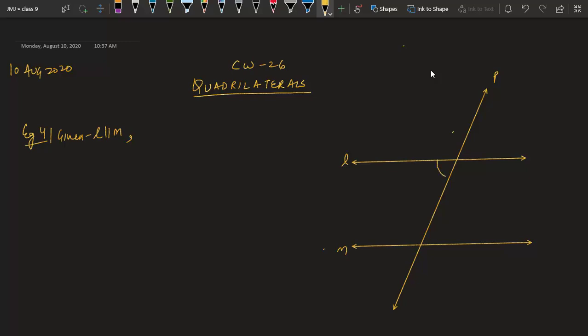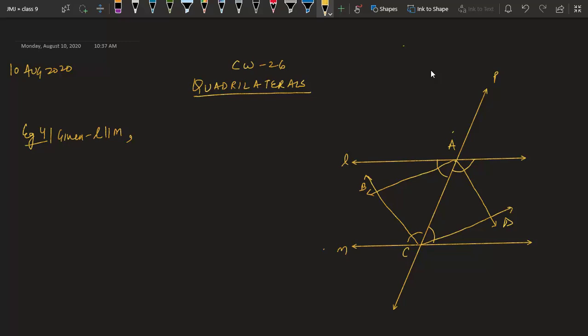We all know these four are the interior angles of this pair of lines and the transversal, and we have to prove that the bisectors of these angles, this bisector, this bisector, when they meet with this bisector and this one meets here at point A, point B, point C and point D. We have to prove this ABCD is a rectangle.